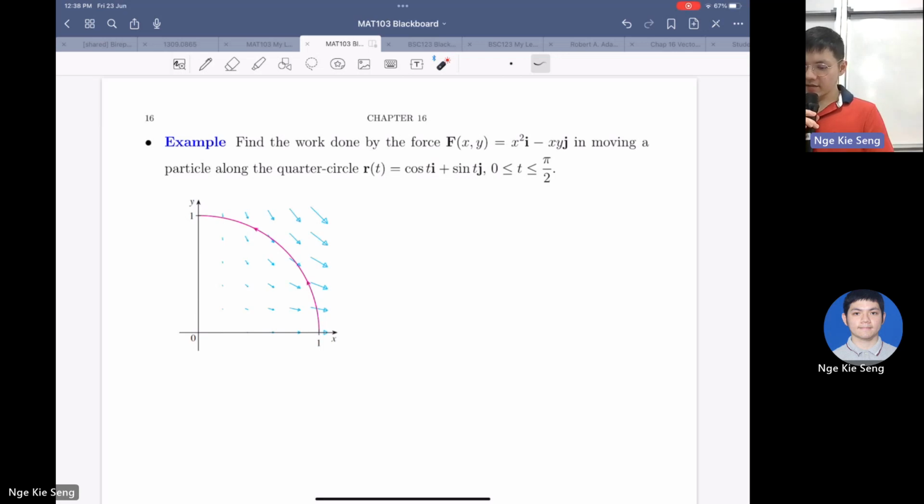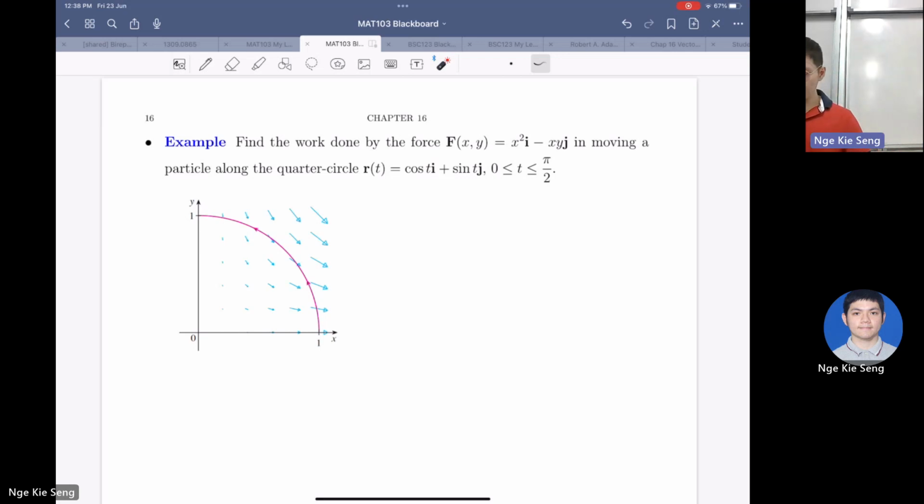The circle is in the first quadrant, defined by cos t, sin t. This parametric equation should be very familiar to you. This describes a unit circle centered at the origin, but only from 0 to pi over 2 because it only covers the first quadrant.